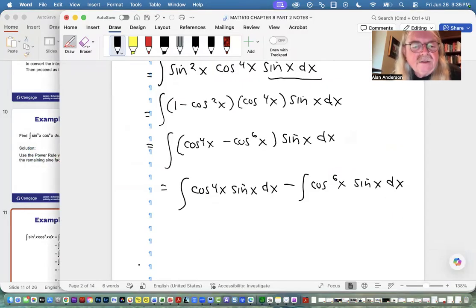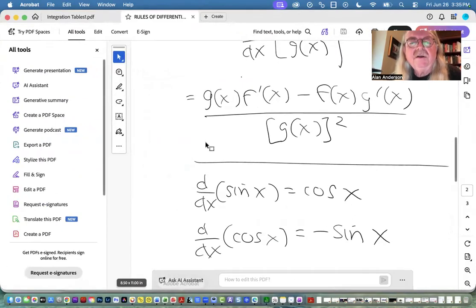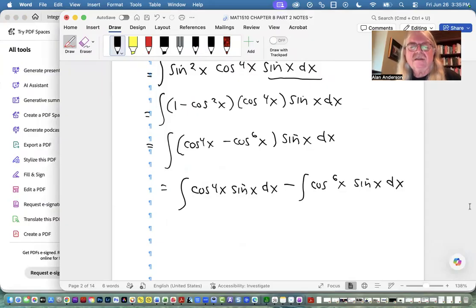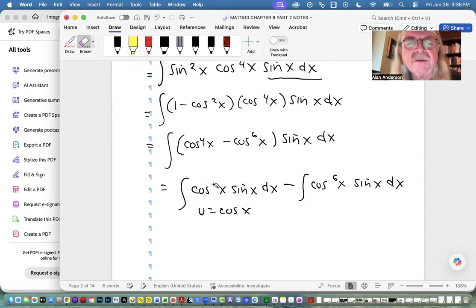By the way, I do have a little chart here somewhere. Here it is. So just a quick reminder, the derivative of cosine x is negative sine x. So if I let u be cosine x, by the way, I've got to really be careful with this. I just realized this looks like 4x. It's actually meant to be cosine to the fourth power. That's better.